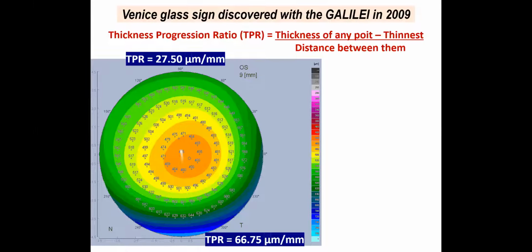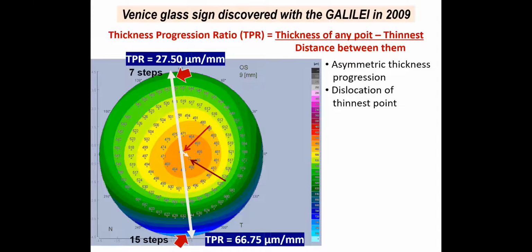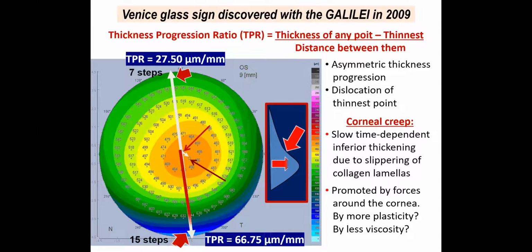And we have to understand that the thinning may not happen symmetrically. In 2009, we discovered this other new sign with the Galilei, which is a thickening of the bottom in some keratoconus corneas. This is a product of an asymmetric thinning. The thinning of the cornea goes temporal inferior, but why is the bottom thicker?